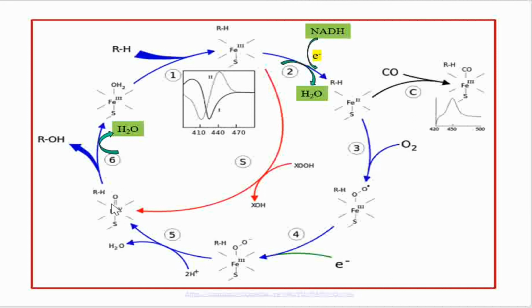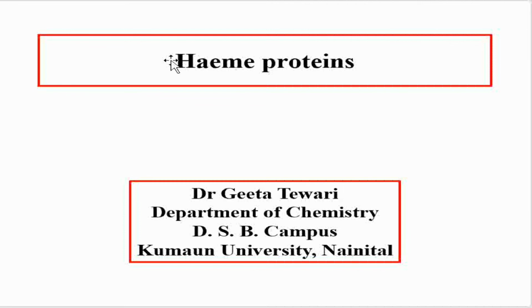At this stage, this RH will react with this O, and thus it can form ROH, and this will again regenerate the enzyme with the addition of H2O. This H2O will bind on the sixth coordination site of this cytochrome P450. So in this way, it can act upon the hydrocarbons.